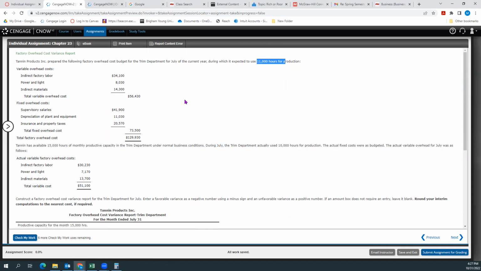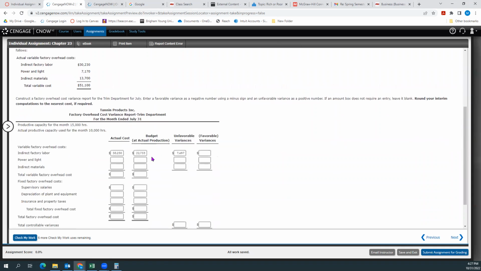So I made a mistake by using 15,000 as my basis, because I looked at productive capacity for the month, which is 15,000 hours. So I think we're going to change this. Hopefully that's not too confusing. Instead of doing 15,000 hours, we are going to use 11,000 hours.